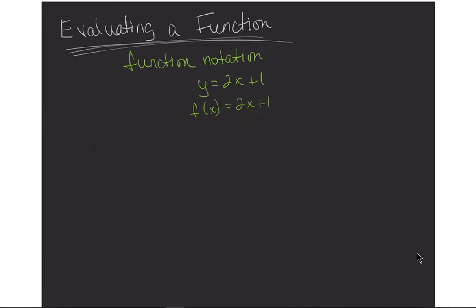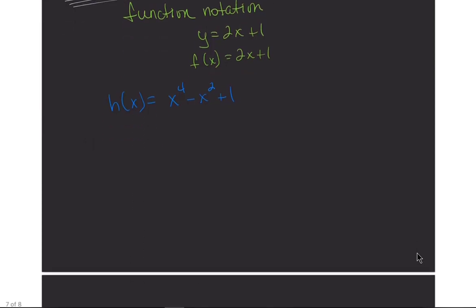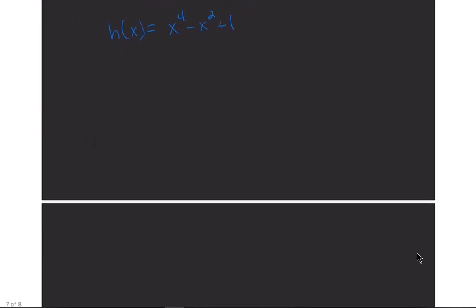Feeling a little spunky today, so we're going to go with h of x instead of f of x. So let's say I have h of x equals x to the 4th minus x squared plus 1. Cute little function, right?